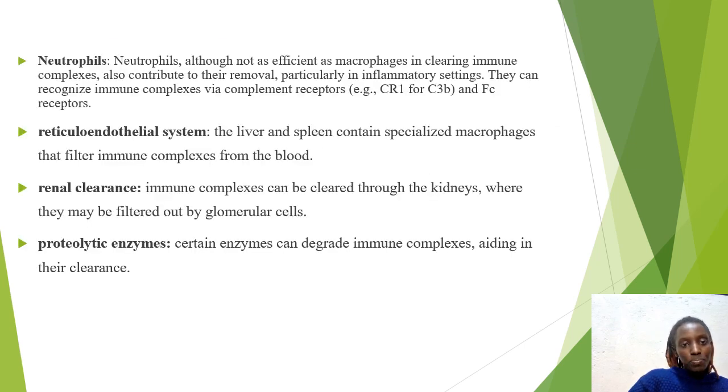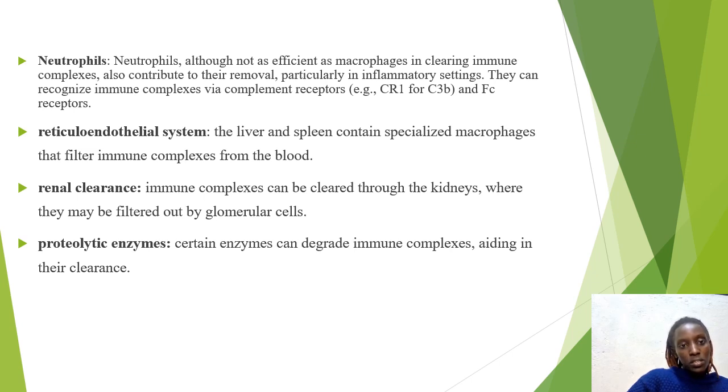Neutrophils also help in clearing immune complexes. Still under the mechanisms, there is the reticuloendothelial system, whereby the liver and spleen contain specialized macrophages that filter immune complexes from the blood.